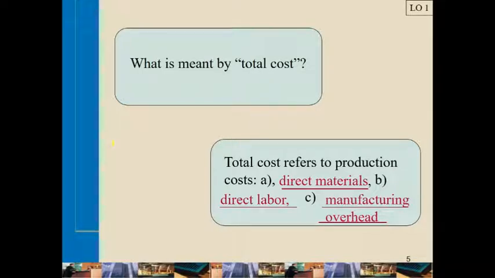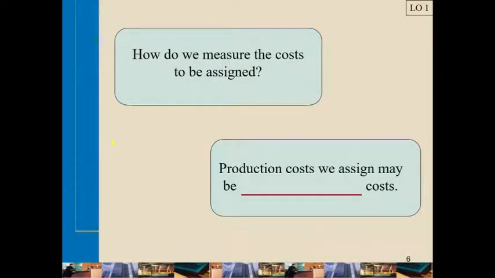Now, let's move on. How do we measure the cost to be assigned? Nakabaw ta nga importante ang cost, no? Unsa man pagkabaw kung pila ang cost, or how do we measure the cost? Now, production costs we assign may be actual costs or estimated costs.